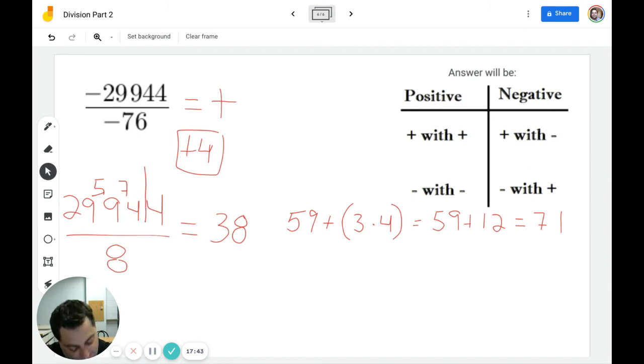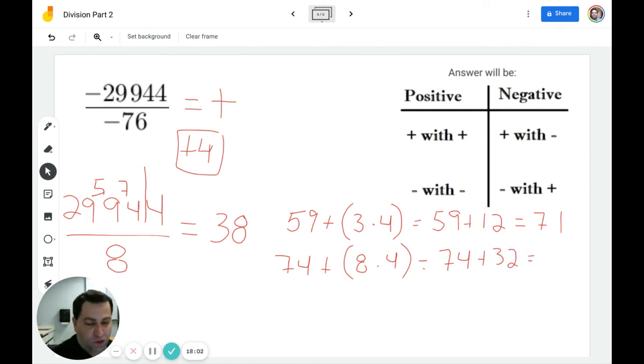So we have 74 plus my previous answer of 8 times my multiplier of 4 equals 74 plus 32. 74 plus 32, well, 7 plus 3 is 10. 4 plus 2 is 6, so that's going to be 106.